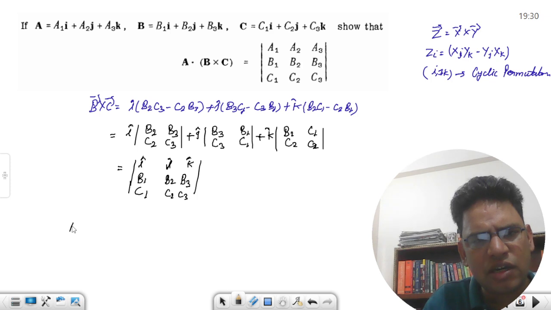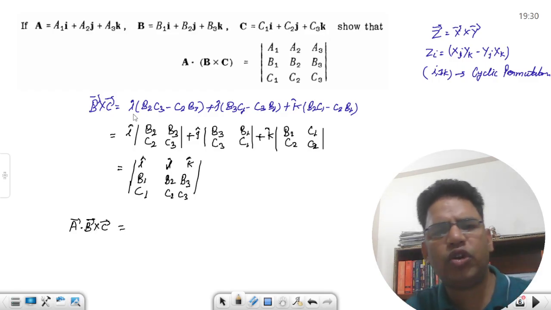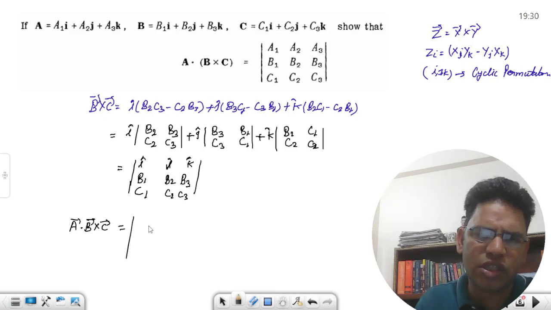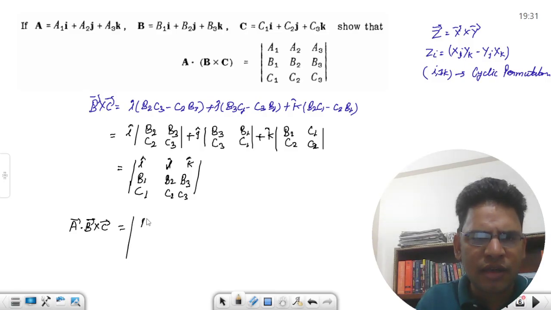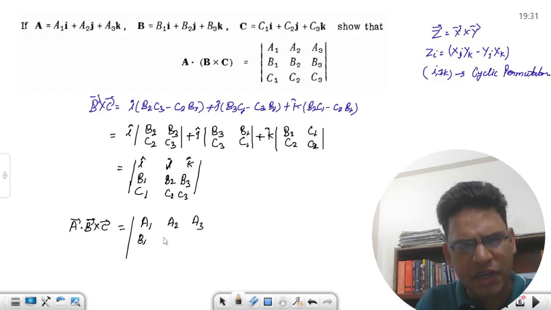Now if you were to take the dot product a dot b cross c, i dot i is going to be 1, j dot j going to be 1, k dot k going to be 1, i dot j is 0, j dot k is 0. So you will get a1 here, a2 here, a3 here, b1, b2, b3 here, and components c1, c2, c3.